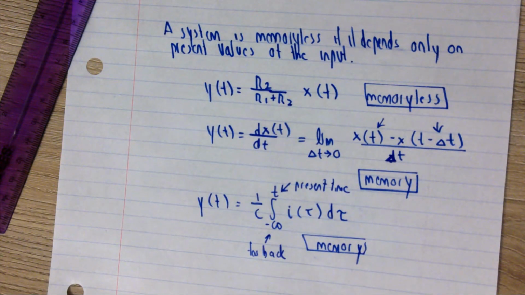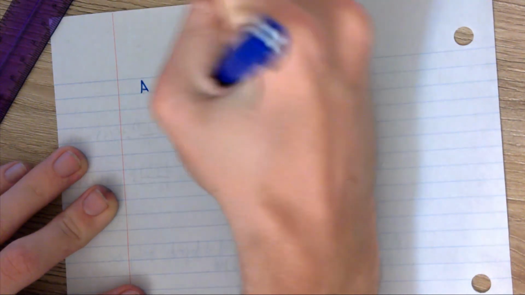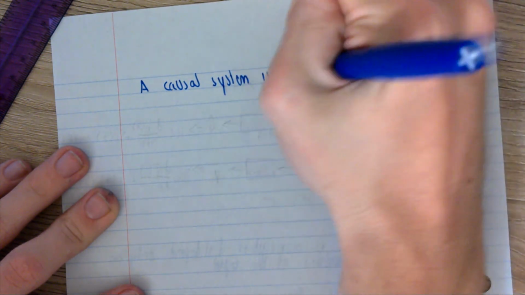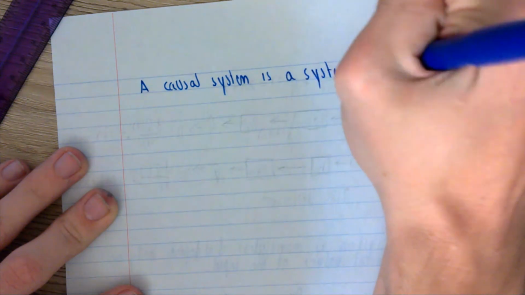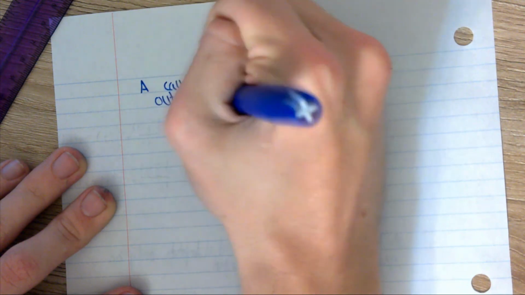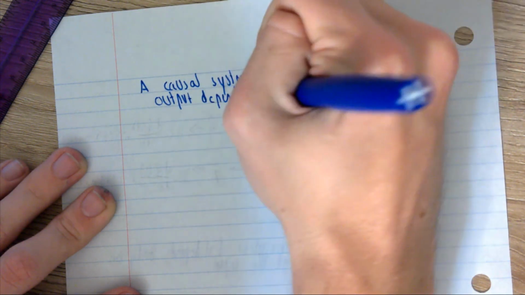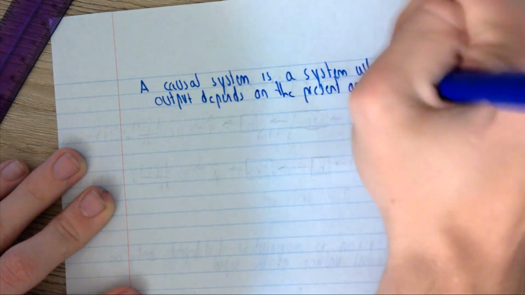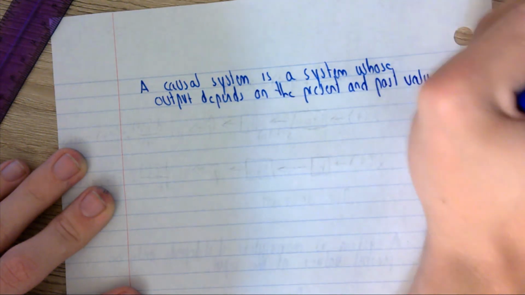And so, causal systems. A system is causal if the output depends on the present and past values of the input.